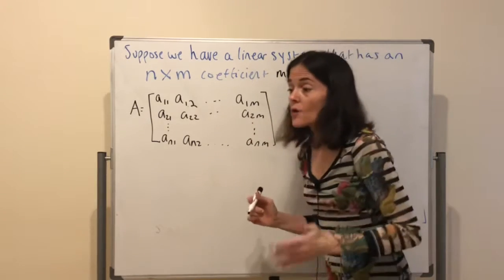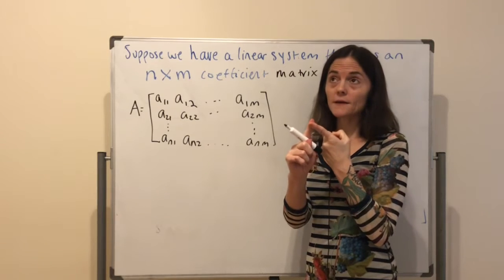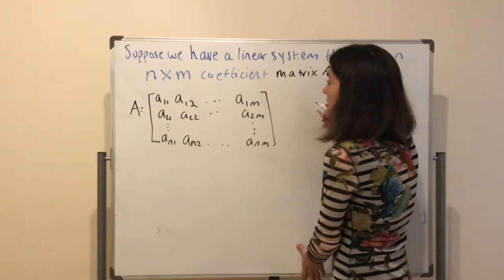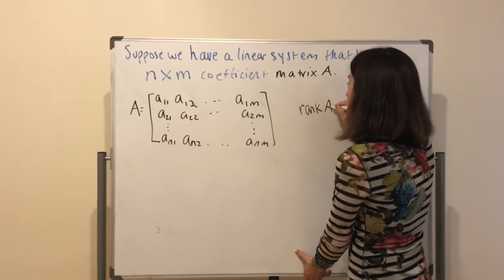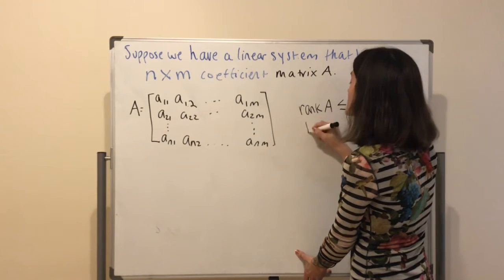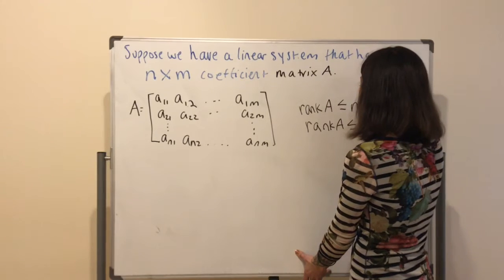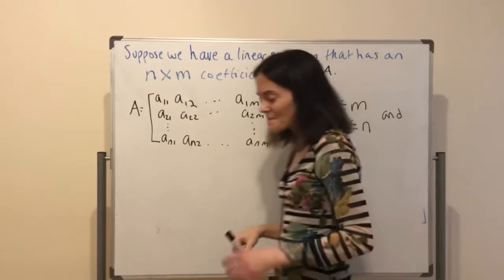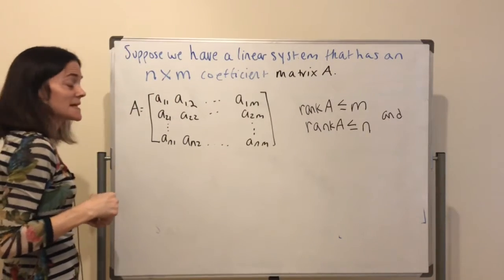And we know that you can have at most one leading one in a row, at most one in a column. So immediately you see that the rank of this matrix must be less than or equal to m, the number of columns, and the rank of this matrix must be less than or equal to n. This is an and, okay?